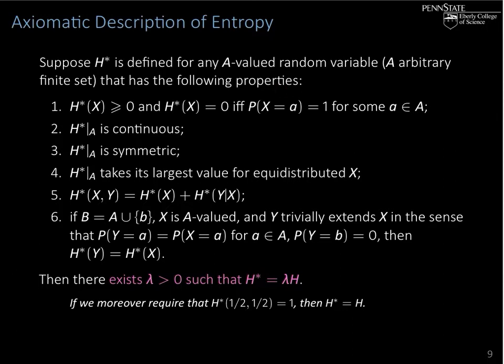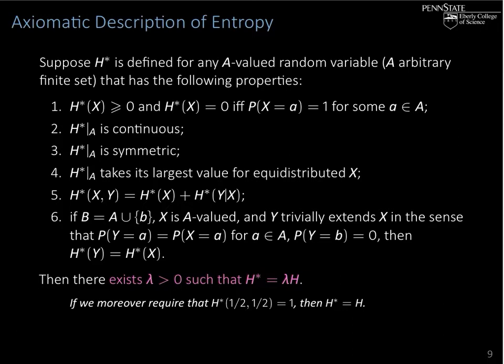It's non-negative for any possible random variable, and it takes the value 0 if and only if in the distribution one outcome is certain. As we observed before, this holds for the entropy function that we just defined, as do all the other properties that follow.